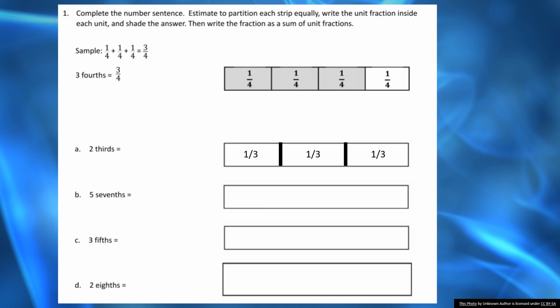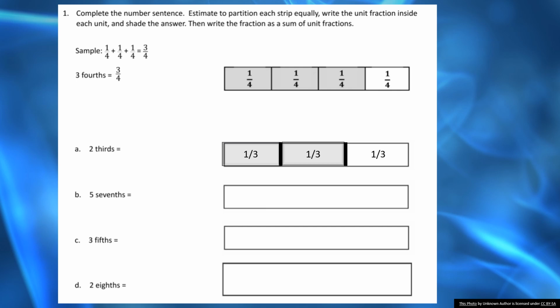Now, it asks us to shade the fraction that's shown. So we need to shade 2/3. So shade 1/3, shade another third. And above it, we're going to write these equations, okay?